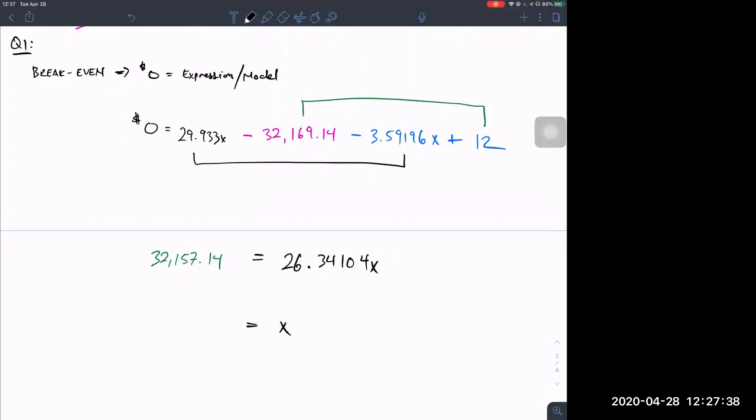And you find out x is equal to 1222.799938 blah blah blah.